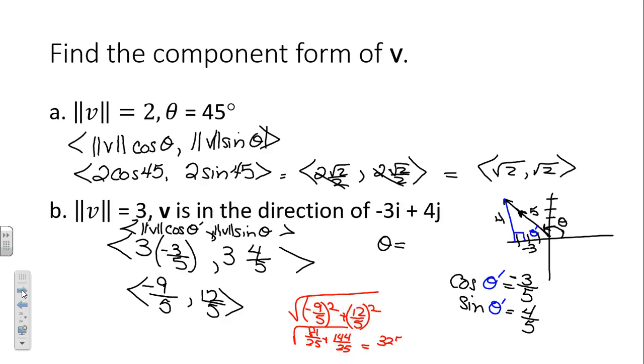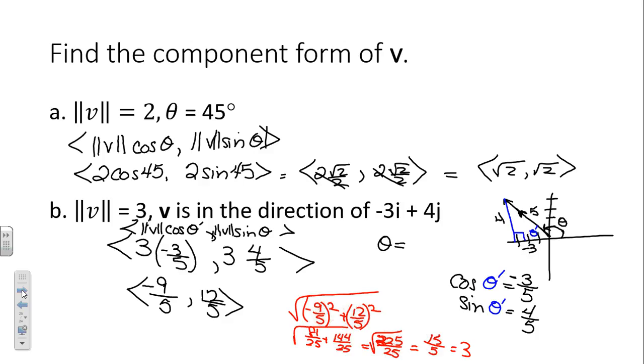What's 325 divided by 25? Oh, sorry, 225. Sorry, 225/25. And what is the square root of 225? 15. What's the square root of 25? 5. So we get 3. Okay.